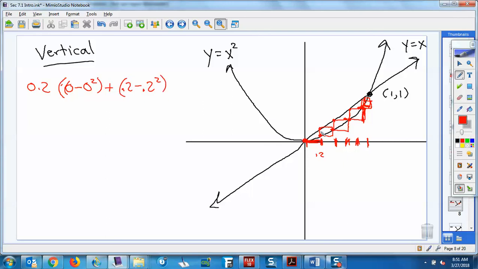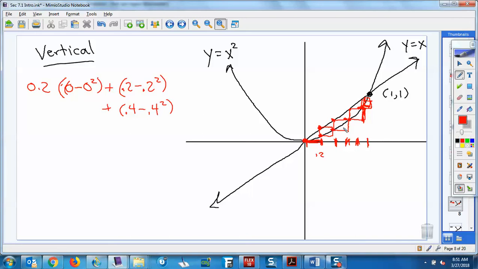And then it's going to be 0.2 minus 0.2 squared, because the next one, 0.2, is going to be on y equals x. Now I could write f of 0.2 and g of 0.2 if I name those f and g, but I think these are simple functions, so we don't have to do that. Plus 0.4 minus 0.4 squared. 0.4 squared is 0.16.